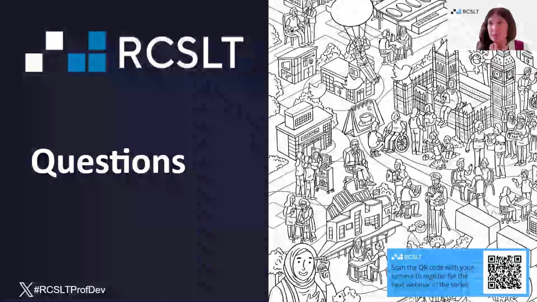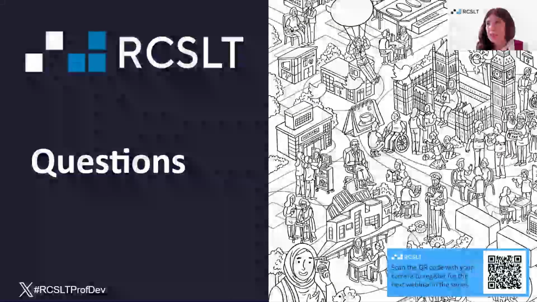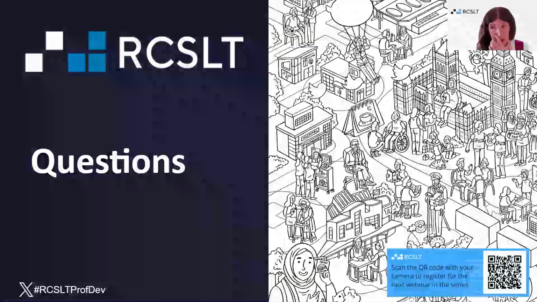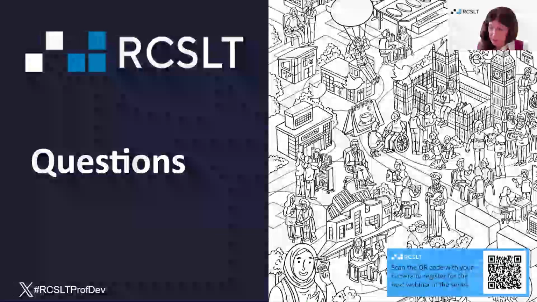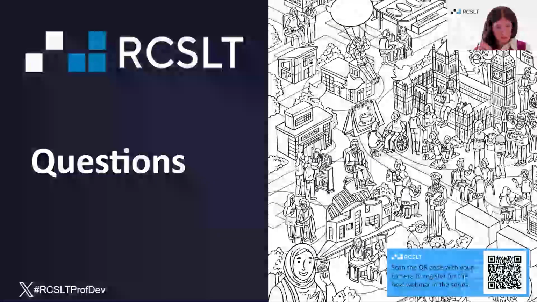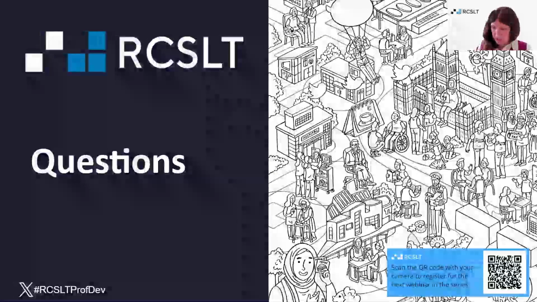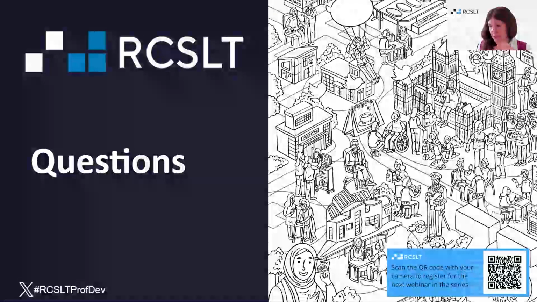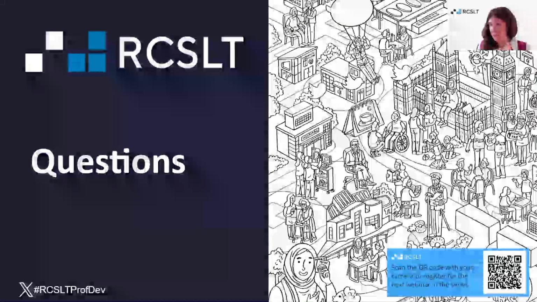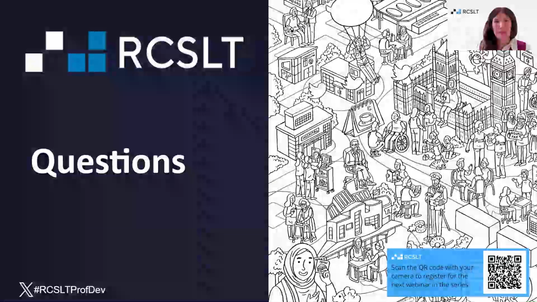The next one is from Carmel, who says, how does the framework account for clinicians whose roles have become leadership and management? Again, really good question. Never been asked this before, but I think it's designed to be really flexible. So if you cast your mind back to the graphic, there is a section on leadership and management. And so if you moved away from that more clinical role into leadership and management, I would expect you to be advanced or expert on some of those subtopics within leadership and management.